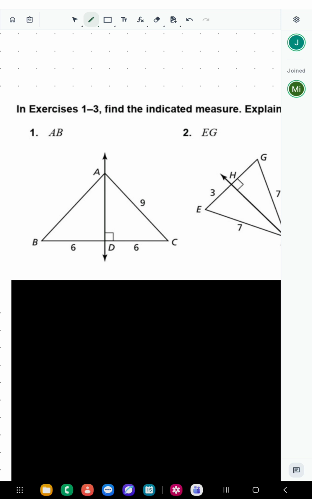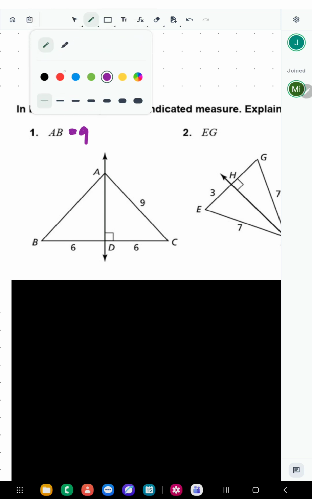So this is AB, right? And then AC is equal to 9, BD is equal to 6, as well as that one. So what's this? This is an angle bisector, a perpendicular bisector. So that means AB is also equal to 9.